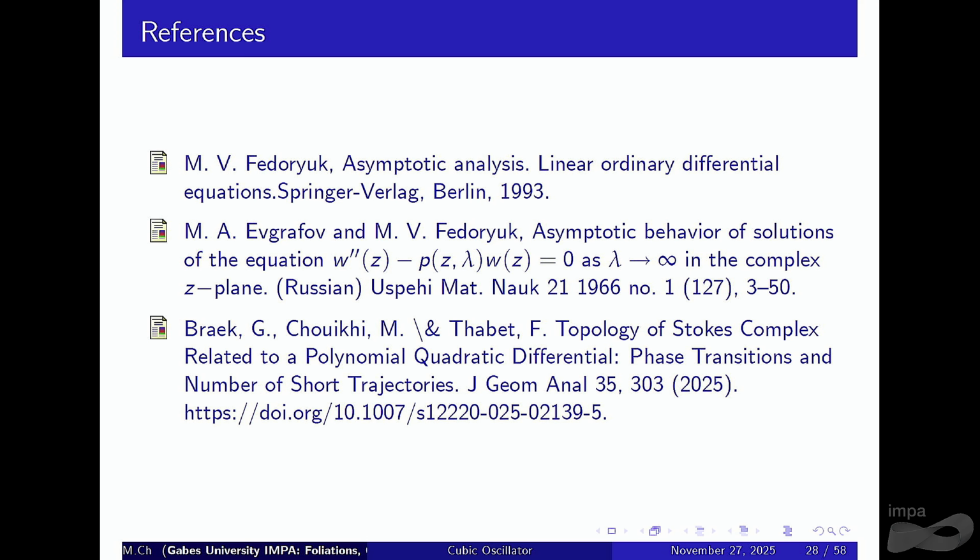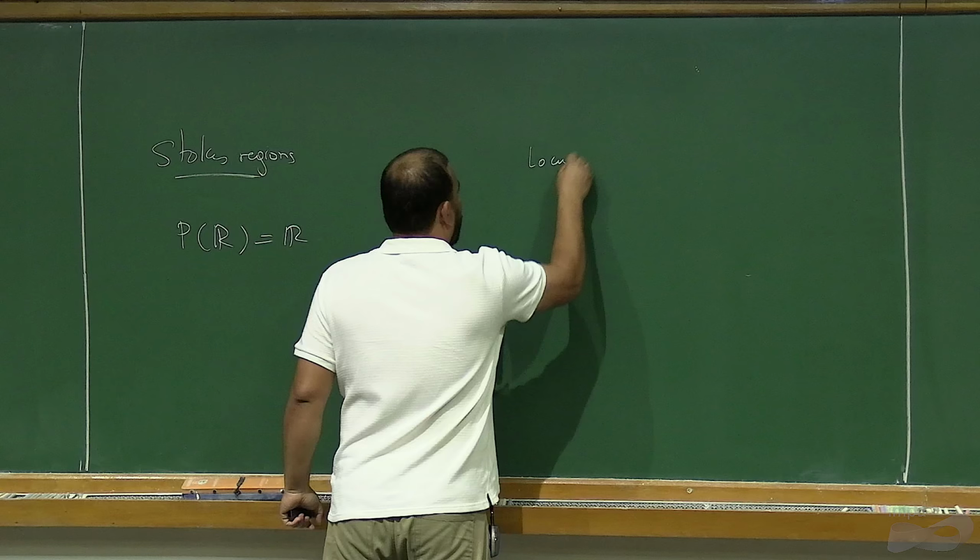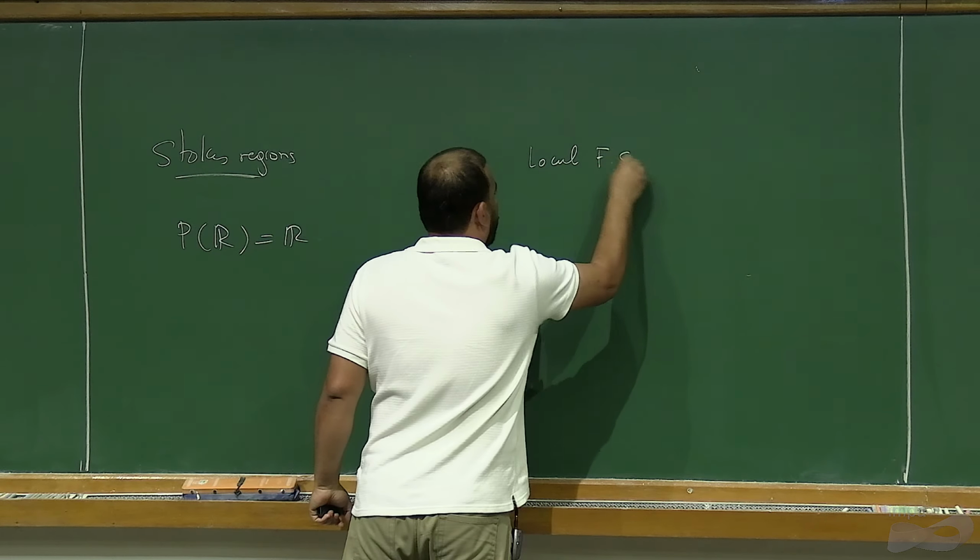All these things are in our paper, and we can find the method of Fedoruk in his book and in his paper. So now, going on to the analytic problem, which consists of constructing a local fundamental system of solutions.